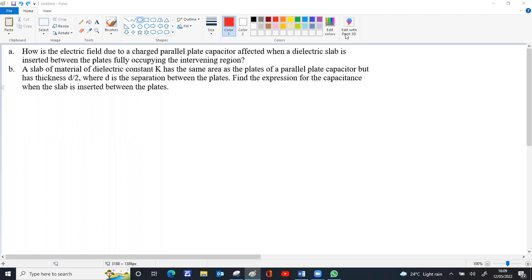Second part, a slab of dielectric constant K has the same length and breadth, meaning area, as the plates, but the thickness is half of the distance between the plates. We need to find an expression for the capacitance when the slab is placed between the plates.